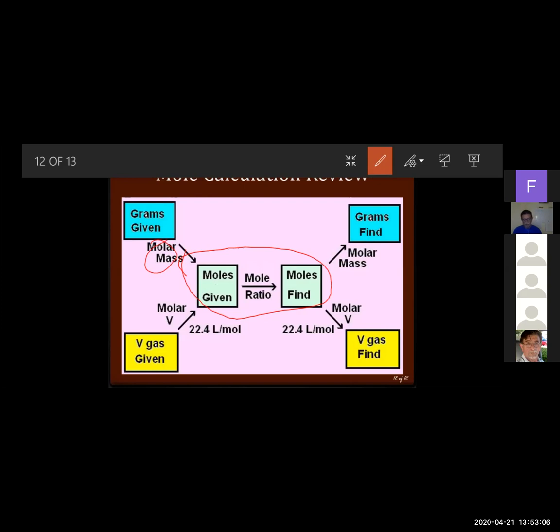If I have moles, I multiply by the molar mass to give me grams. And the yellow parts down here only apply if you are at STP, where that relationship is true: 0 degrees, 1 atmosphere. If you're not at STP, you can't calculate.